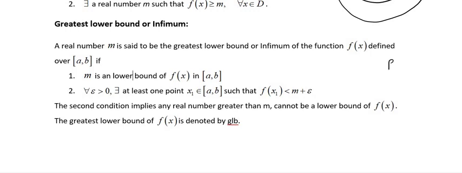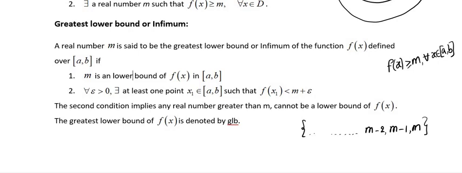That means the value of f of x is greater than or equal to m for all x belongs to closed interval a comma b. Second point is, whenever we know the lower bound, then the numbers less than this lower bound are also lower bounds of f of x.